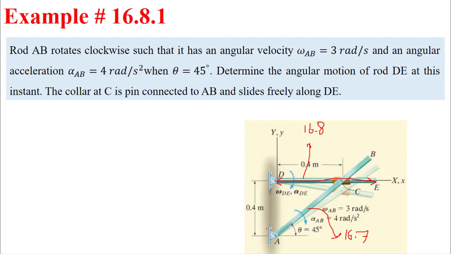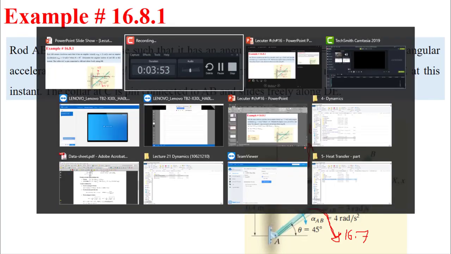So again, if the slider is connected to a link, then for this link we can apply the equation of section 16.7. Now, if the slider slides on another link, then we apply the equation of section 16.8. Let us take a look at the datasheet equation.